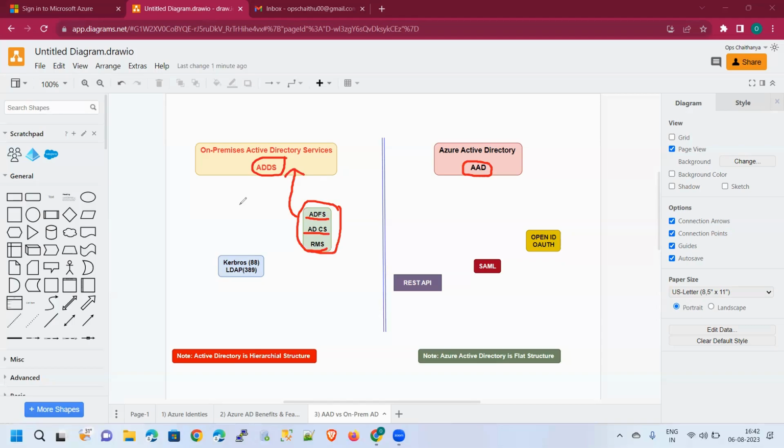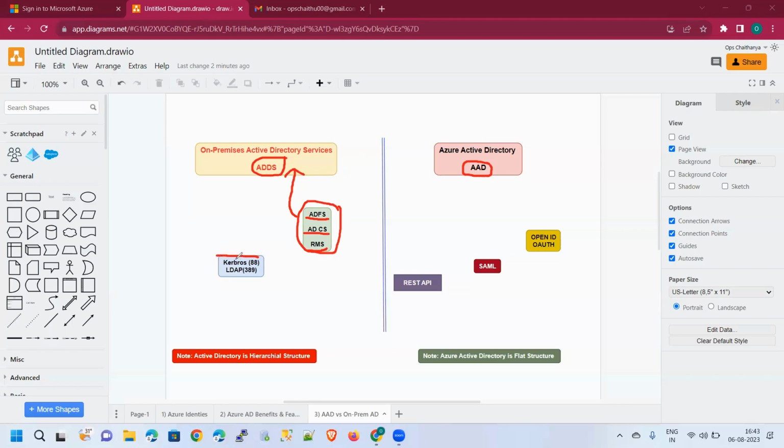Okay, let's take a scenario. In your organization, you might have client machines like Windows 7, Windows 10, Windows XP, and server operating systems. All of these clients get authenticated with the help of a protocol called Kerberos, which runs on port 88. It's a UDP protocol.